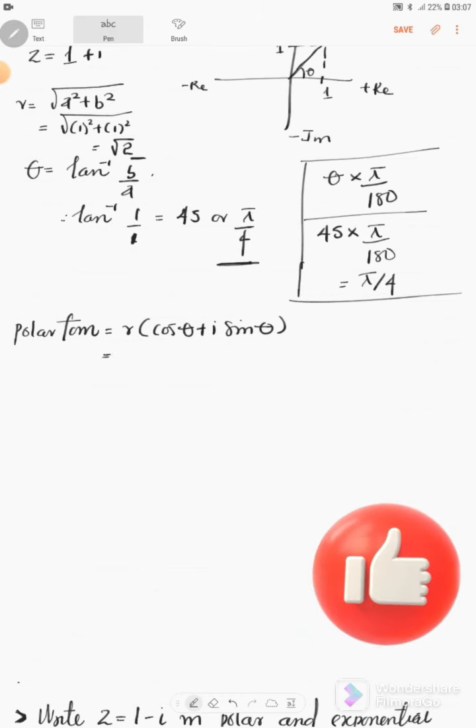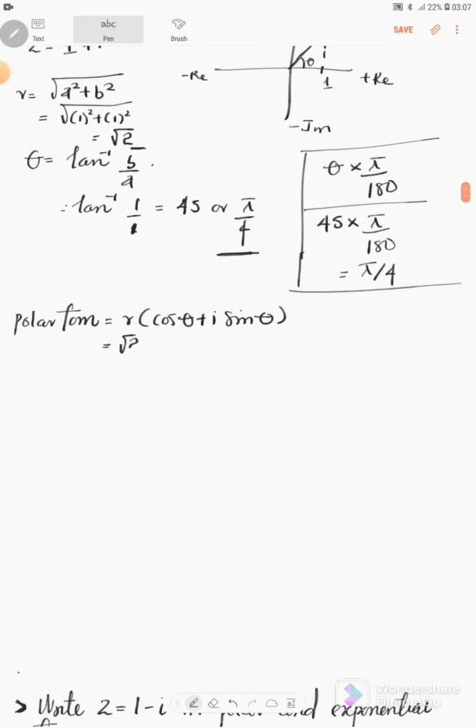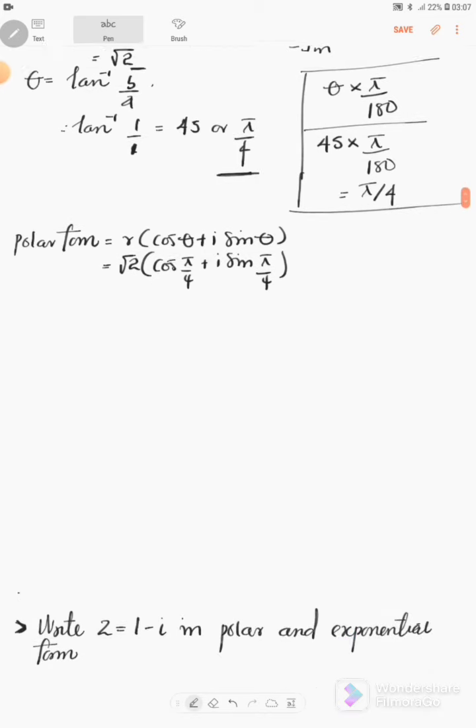From here, r equals root 2 open bracket cos 45. Now let's put it in radian. That's pi over 4 plus i sine pi over 4. We've gotten this set now.